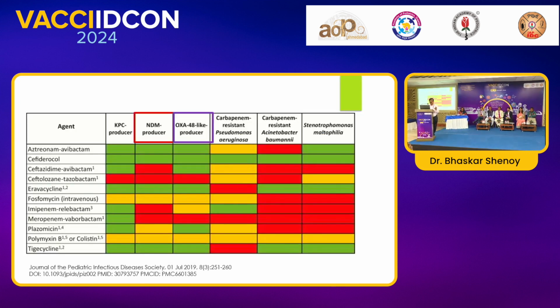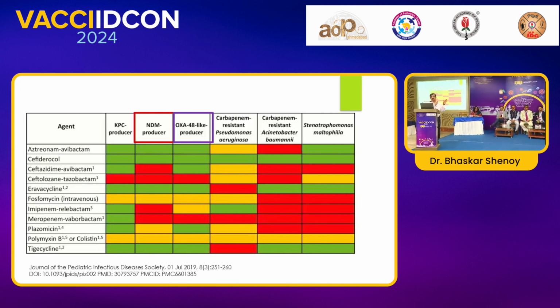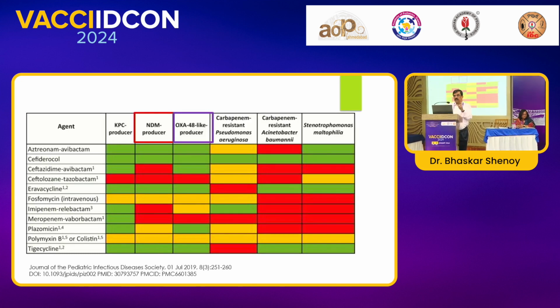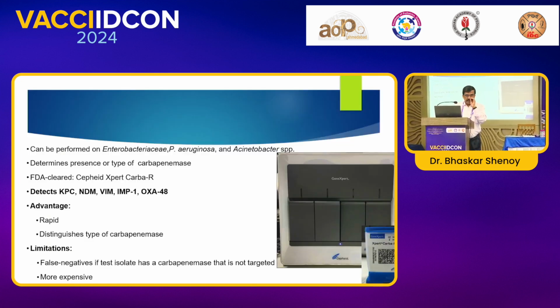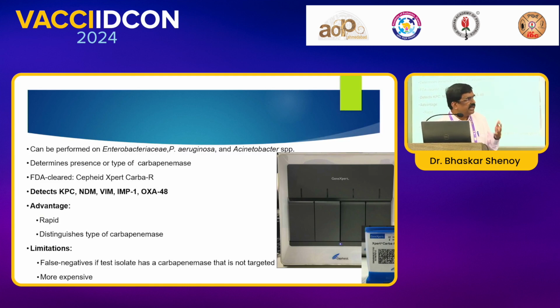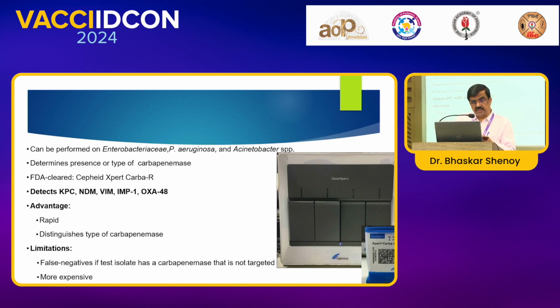This is a paper from the Journal of the Pediatric Infectious Diseases Society, and it clearly gives which antibiotics to use for that particular type of mutation in that particular bacteria. We do this test routinely in our hospital, and of course, as you said, it may not be available in many hospitals.